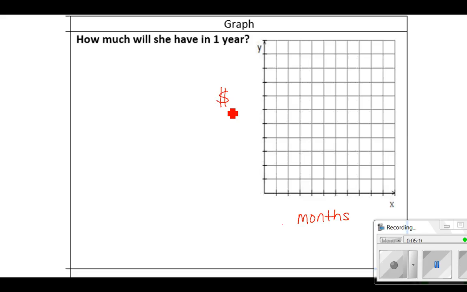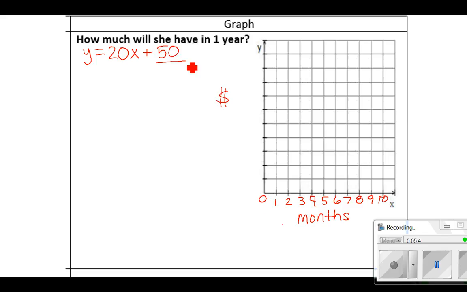For the months, she has the first month, the second, all the way as far as I can go on the graph. And for the money, I'm going to look at my equation, which is y equals 20x plus 50.